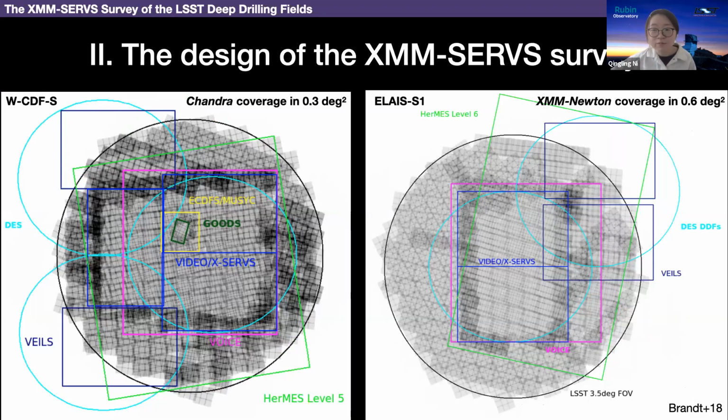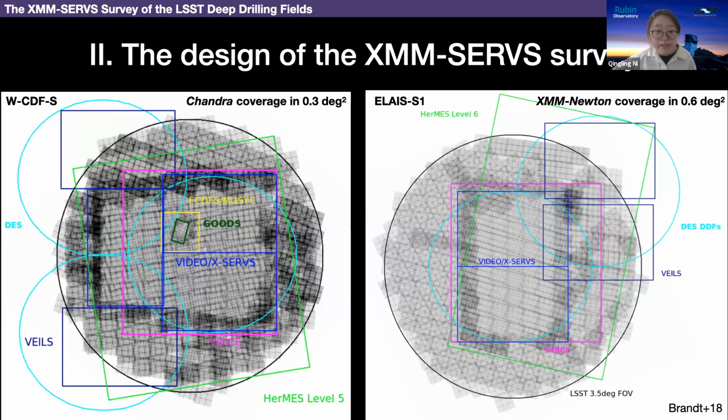So compared with the rich multi-wavelength data in other bands, such as in the background, you can see this gray region, which has data from the Spitzer Deep Drill survey. There are also good near-infrared data from the VISTA VIDEO surveys. There are also a lot of optical coverage in these fields already.